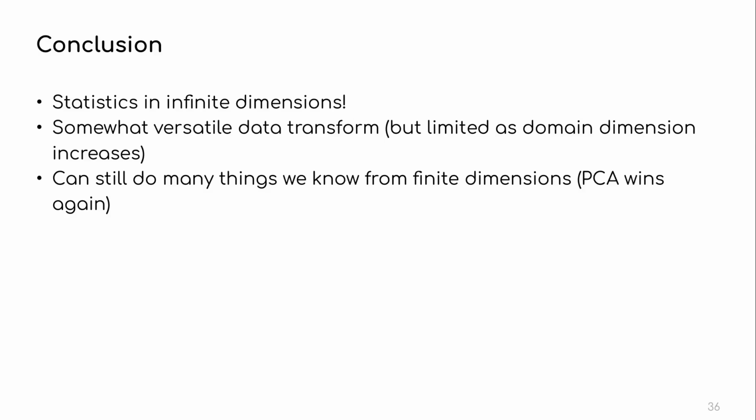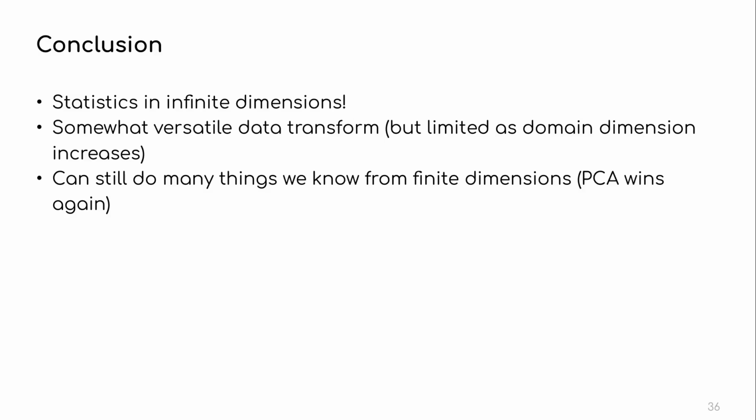And yeah, I think we've reached a conclusion. We can do statistics in infinite dimensions. It's quite versatile. We can reduce dimensionality and do that on a bunch of types of data.